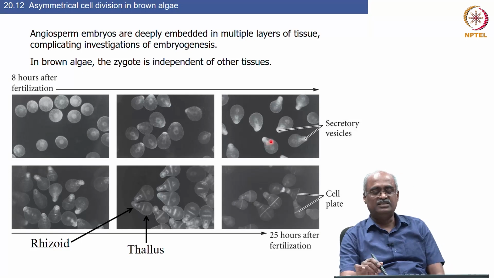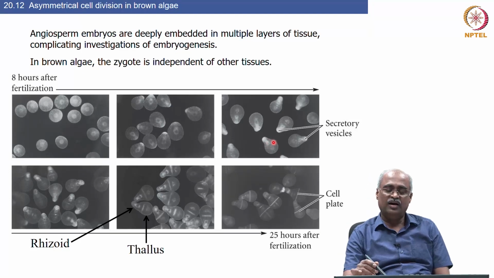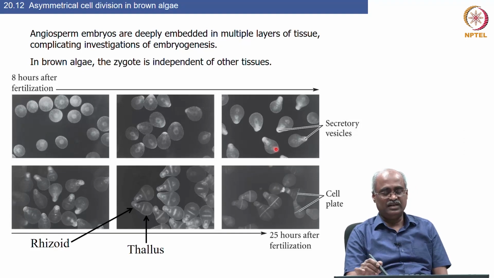And these secretory vesicles carry cell wall components that are distinct and unique to the rhizoid, and that is how the rhizoid-forming cell is distinguished from the other one, the shoot equivalent, called the thallus. The first cleavage is perpendicular to this axis.